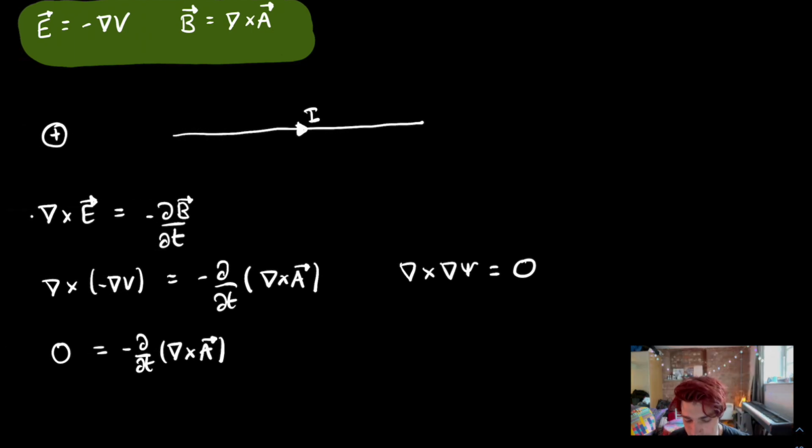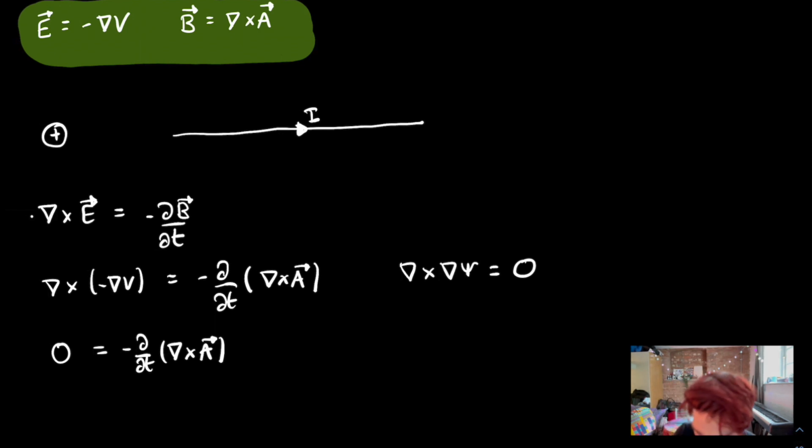And that doesn't really apply very well, because of course when we have a changing current, we're going to have a changing magnetic field, and therefore we're going to have a changing magnetic vector potential. So saying this as it is at the moment is actually not very good. And the reason why we got this null result on the left-hand side was because our equation for E equals minus del V was actually incomplete, and it didn't contain any time dependence right there.